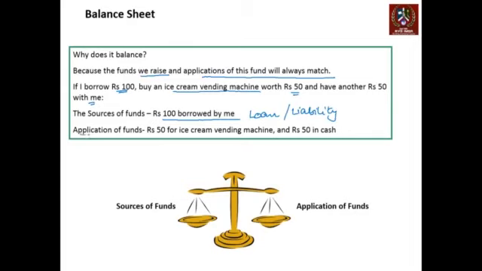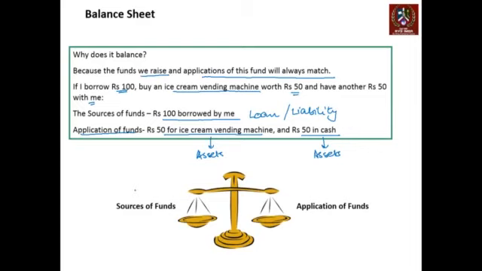What are the applications of funds? I have taken 50 rupees worth of an ice cream vending machine, which is an asset, right? And I have the remaining 50 in cash, which is also an asset. I can use it elsewhere, right? There is no other way the distribution can work. It has to be essentially the sources of funds being equivalent to the application of funds.